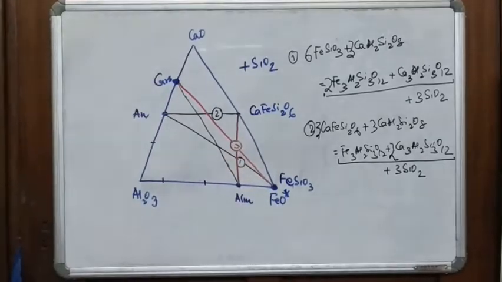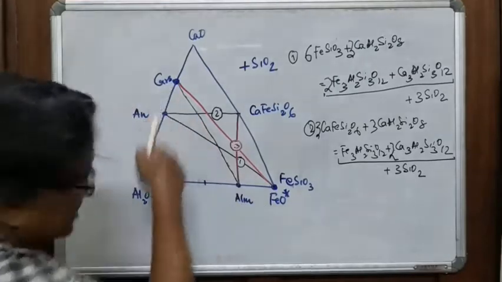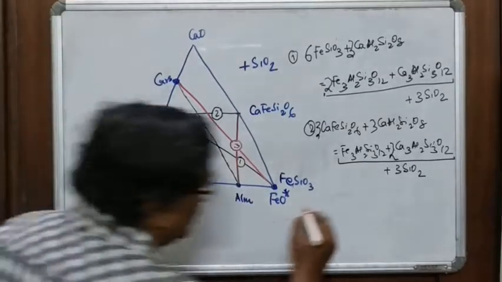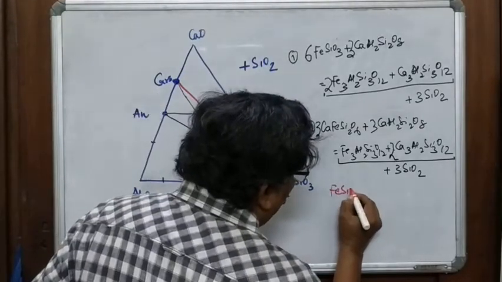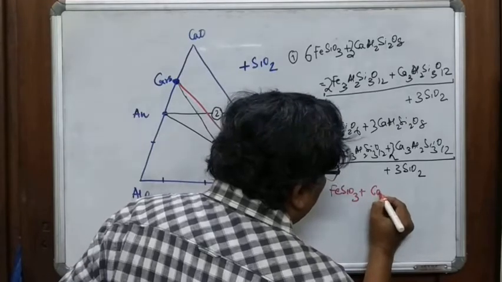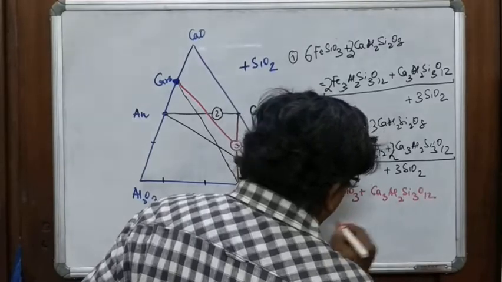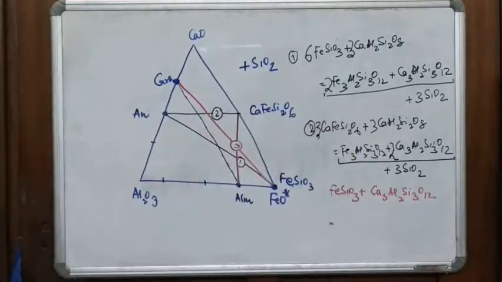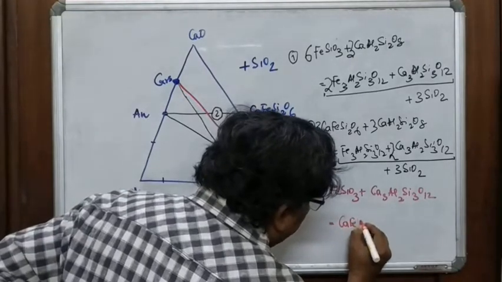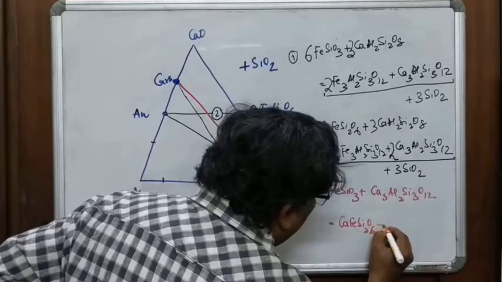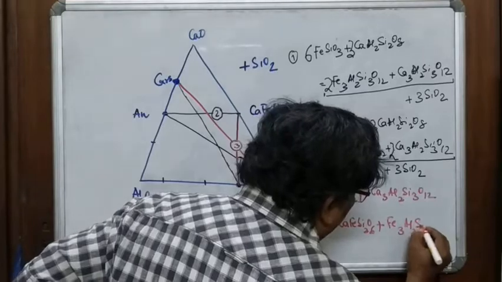What is it? OPX plus grossular. So that is FeSiO3 plus grossular, Ca3Al2Si3O12. And this gives you clinopyroxene, as you can see, diopside, CaFeSi2O6, plus almandine, Fe3Al2Si3O12.